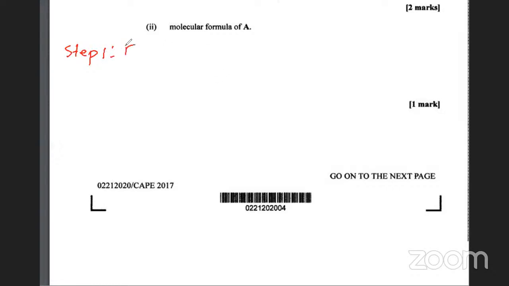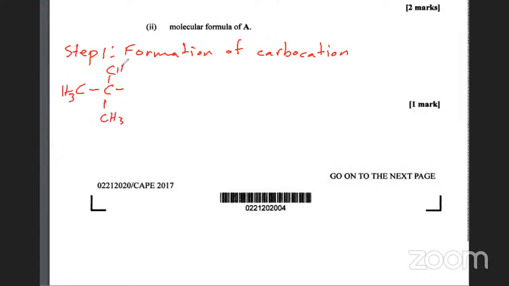The formation of the carbocation. What type of bond breaking occurs here?